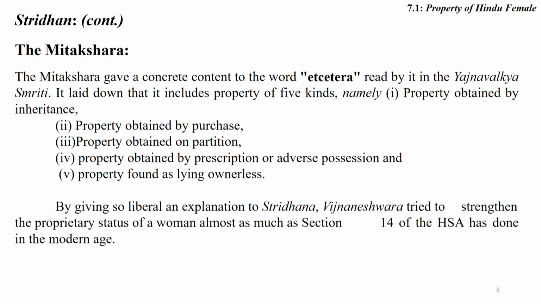The idea of Stridhan mentioned by Manu was further expanded by Narad, Yagyavalk, Deval, and the best explanation about the terminology was given by Mitakshara by Vigyaneshwar, who includes many things under the domain of Stridhan: property purchased by women, property obtained in inheritance, property obtained in partition, adverse possession, or where the property is ownerless, everything comes under the domain of the Stridhan.